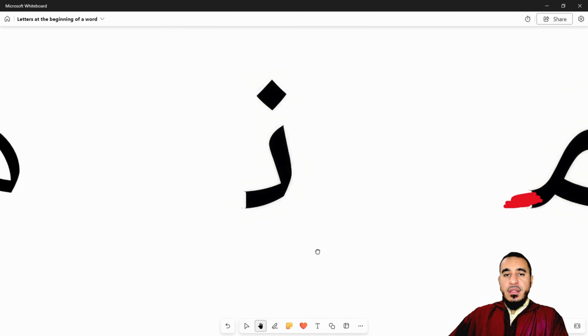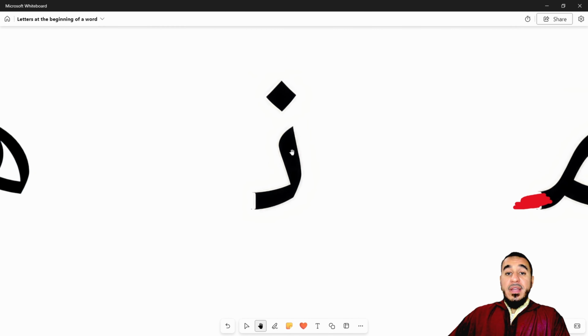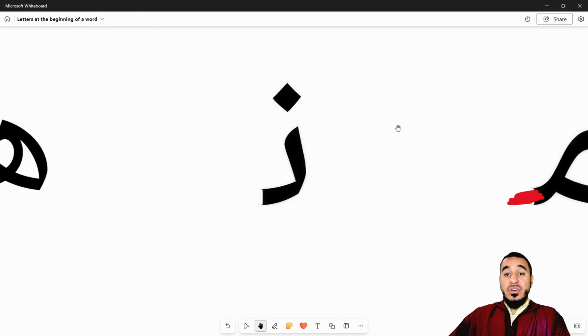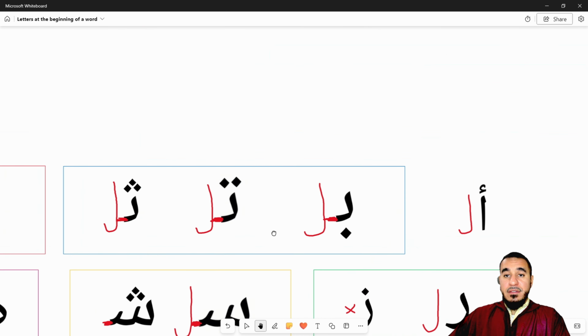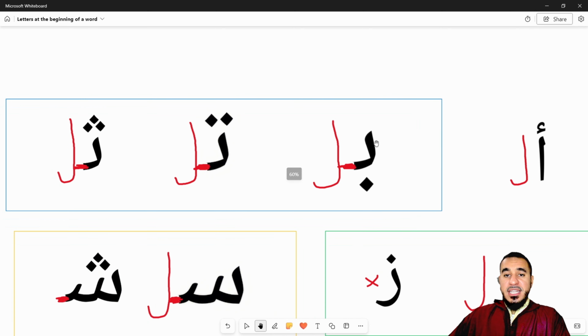And then we have the noon. So the noon looks the same as the ta, ba, and tha. It has the same shape as those three letters that we looked at the start of this class. So let's just quickly go back and have a look. As you can see, the ba has this shape here. The ta also has this shape.